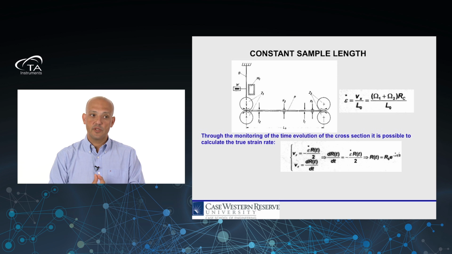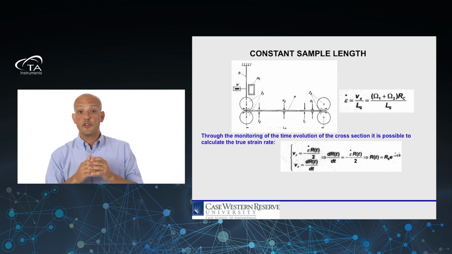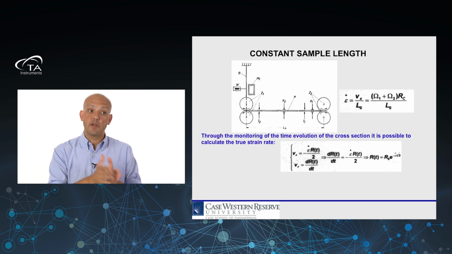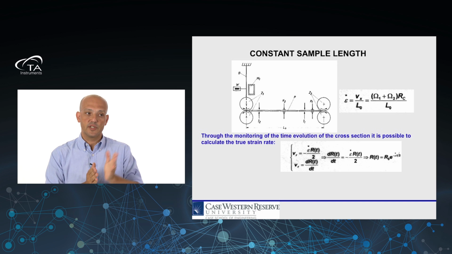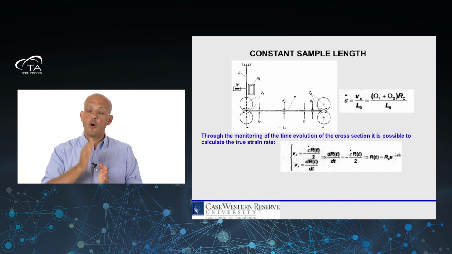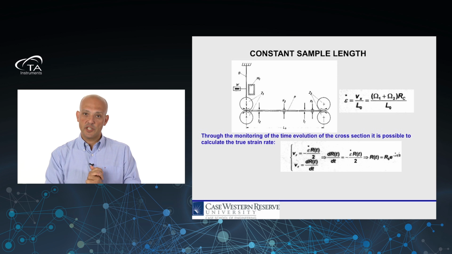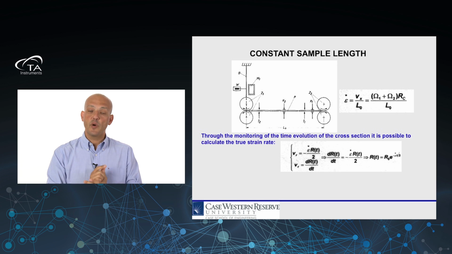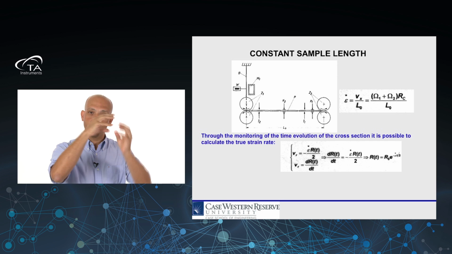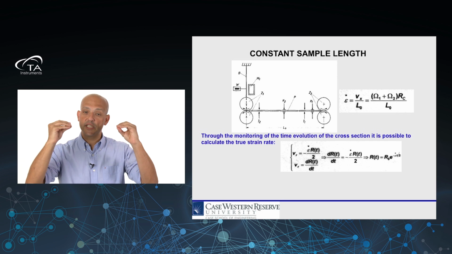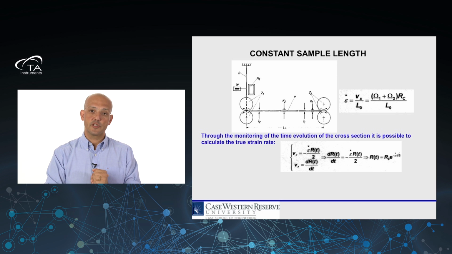If we bring these two together, we can calculate very simply that the radius of the sample, assuming it's a cylindrical sample in this case, also must decrease exponentially in time. And that rate of decrease is minus 1/2 of the strain rate. So again, we can monitor the radius decreasing in time and calculate the true strain rate.